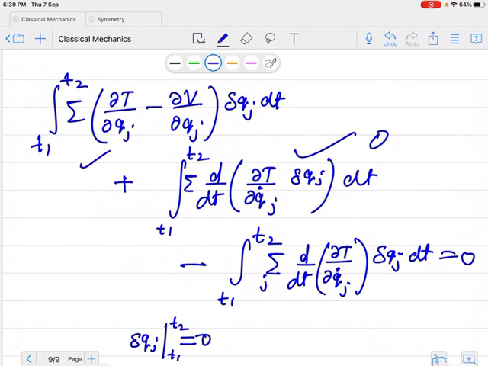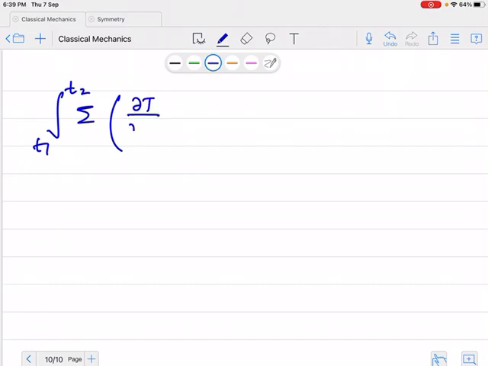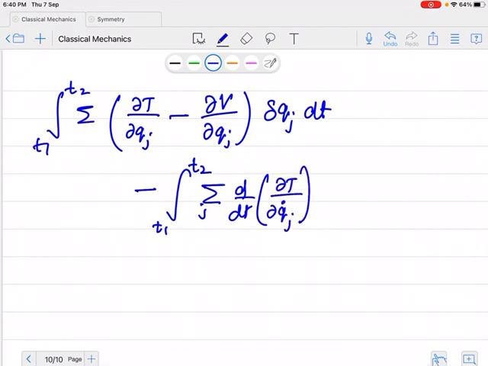Writing this part and this part again, from t1 to t2, dt minus this, is 0.